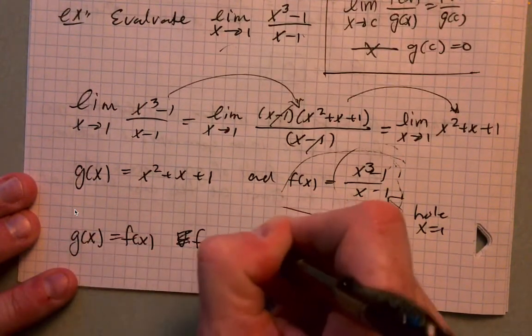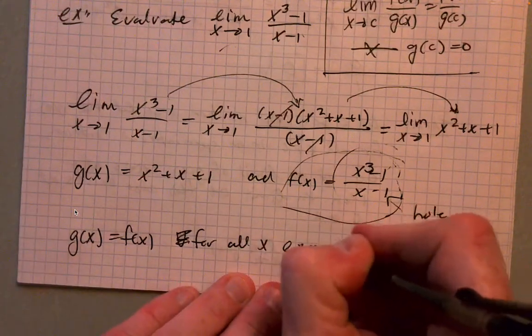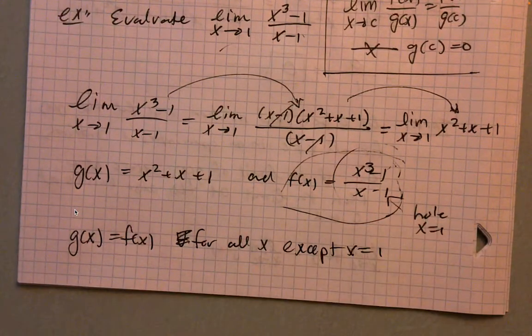For all x except x equals 1, right? Where the hole is, where the denominator would be 0 in f.